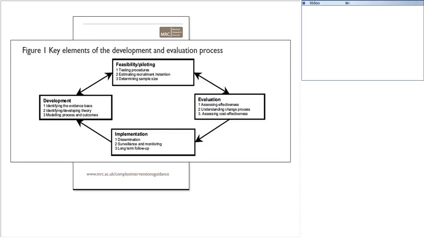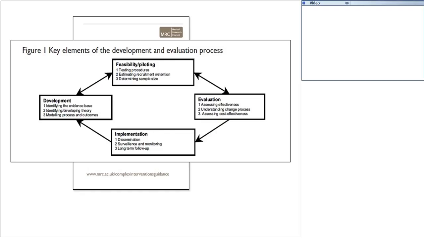So, for example, in the approach advocated by the framework, recognizing that interventions are multifaceted and they require development that draws on quite a clear evidence base and has clear theorization about what the intervention is and how it works. This concept of modeling the process and the outcomes, and then moving towards feasibility and piloting, whereby we take that complex intervention and we introduce it in a complex context.